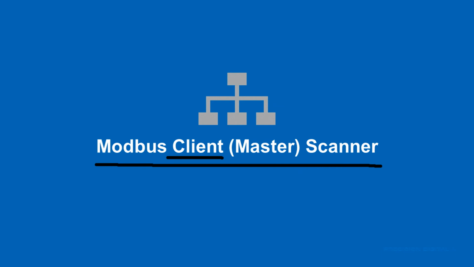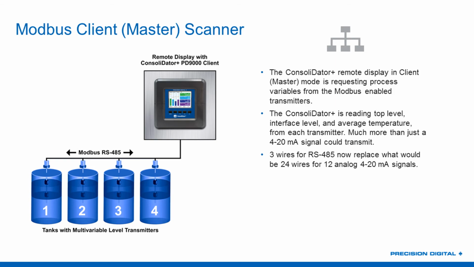The Enhanced Features package, when you get that, that's how you unlock these 3 additional features. So we won't be talking too much about it as a slave device today, but we will be talking about these new features that you get with the Enhanced package, like Client or Master Server Mode. So the advantage of the client mode is that the Consolidator Plus becomes the master on the 485 bus.